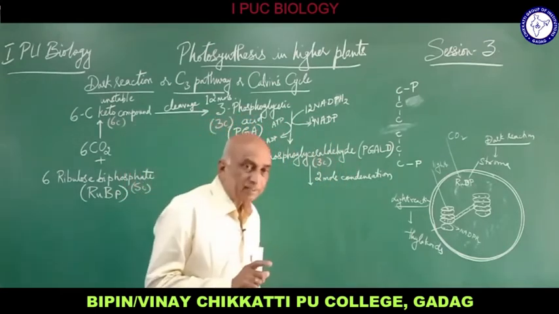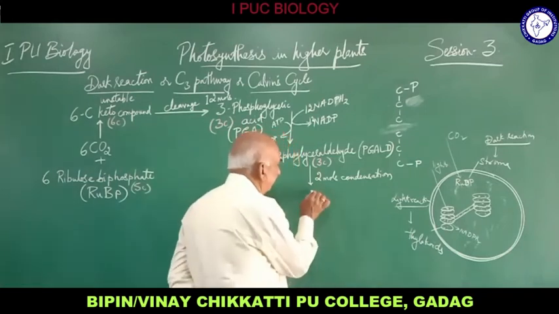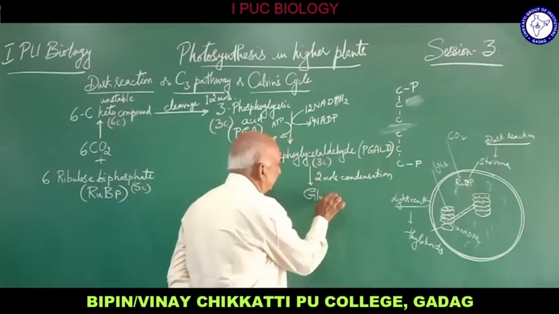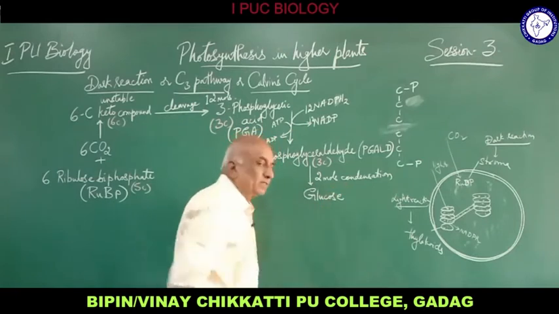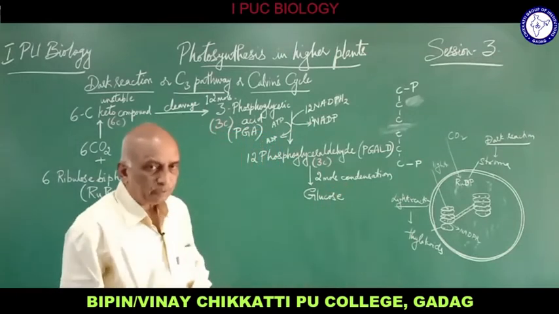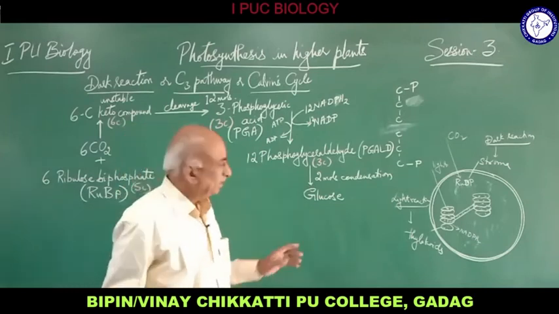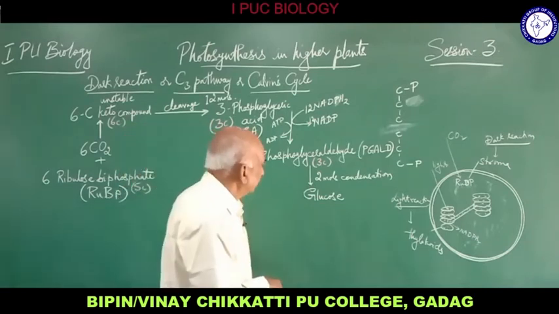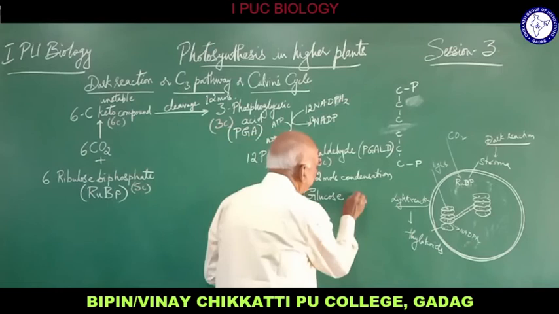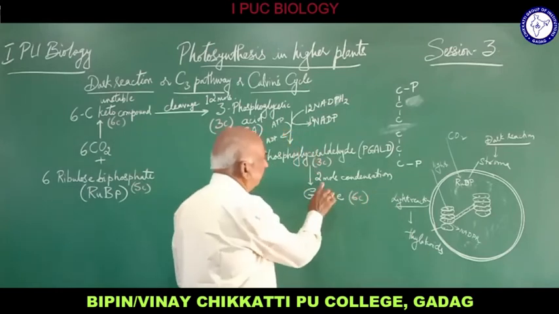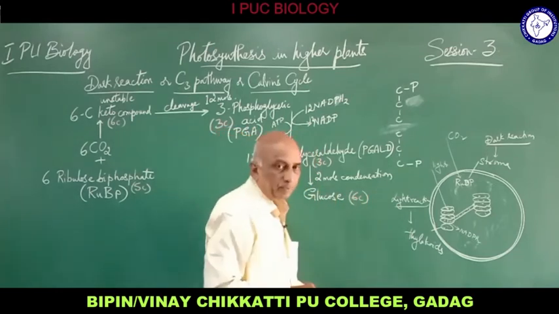Then glucose 6-phosphate is converted into glucose. So we just mention the formation of glucose, that's all. So glucose is a 6 carbon compound formed by 2 molecules of PGALD.